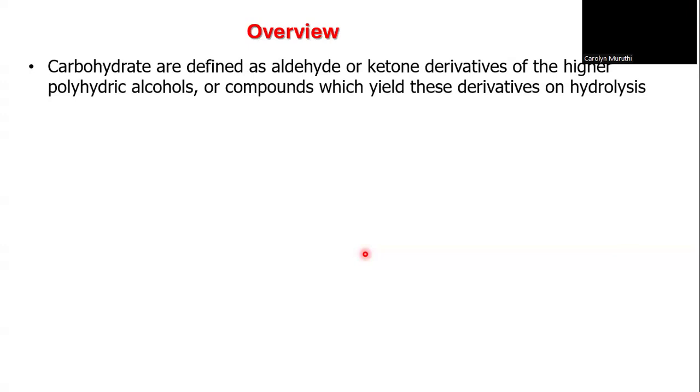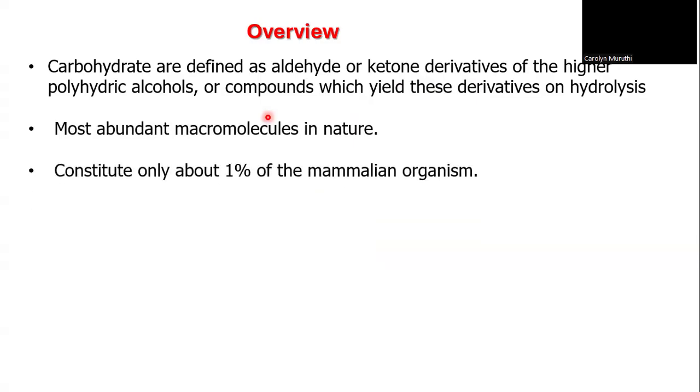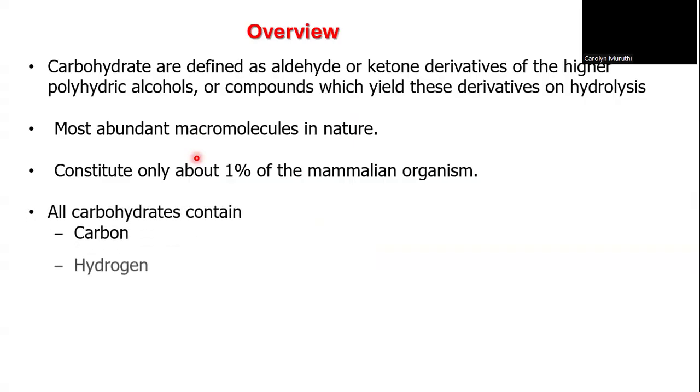Carbohydrates are defined as aldehyde or ketone derivatives of the higher polyhydric alcohols. They're the most abundant macromolecules in nature. However, in mammalian organisms, carbohydrates constitute only about 1%. All carbohydrates contain carbon, hydrogen, and oxygen.